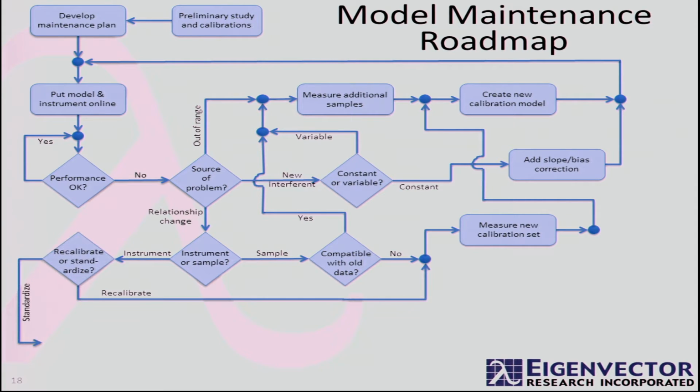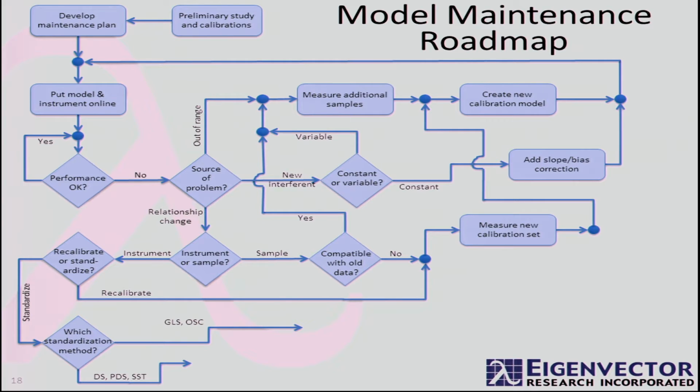On the other hand, if it's the instruments, you can decide to recalibrate or standardize. Recalibration is this direction: measure a new calibration set and go on. Or standardize, well, which method are you going to use?